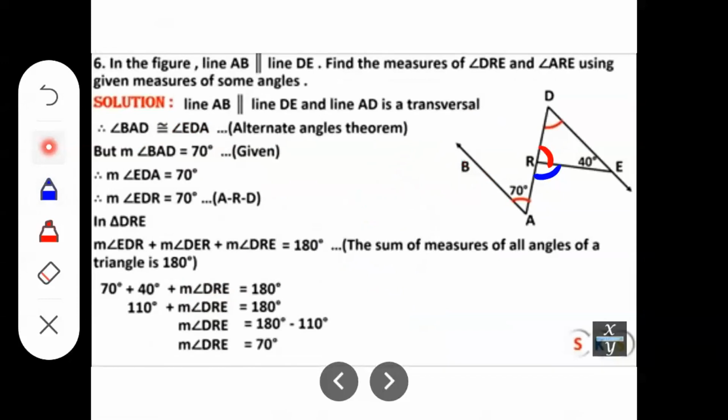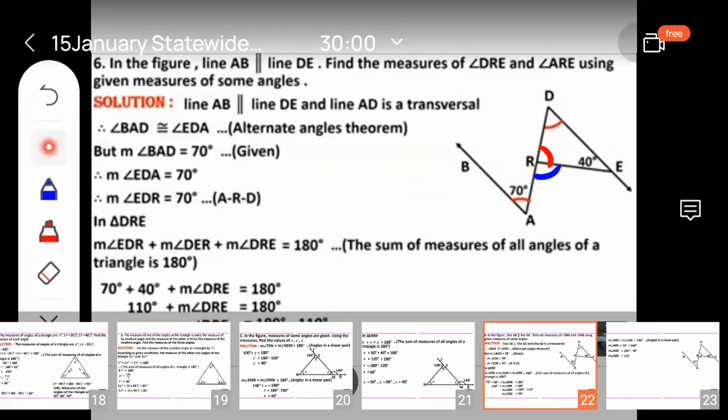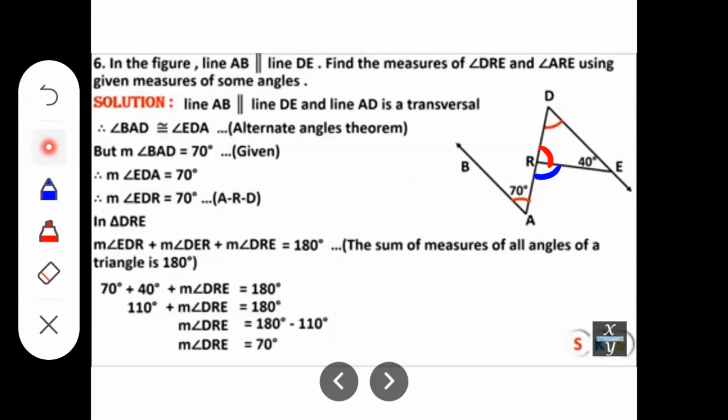Now look at the diagram here, as those two are parallel lines. Okay, if those two are parallel lines, and if that AD will be transversal, okay, again here the symbol you can see Z, because of this Z, that means the alternate angles are formed here.